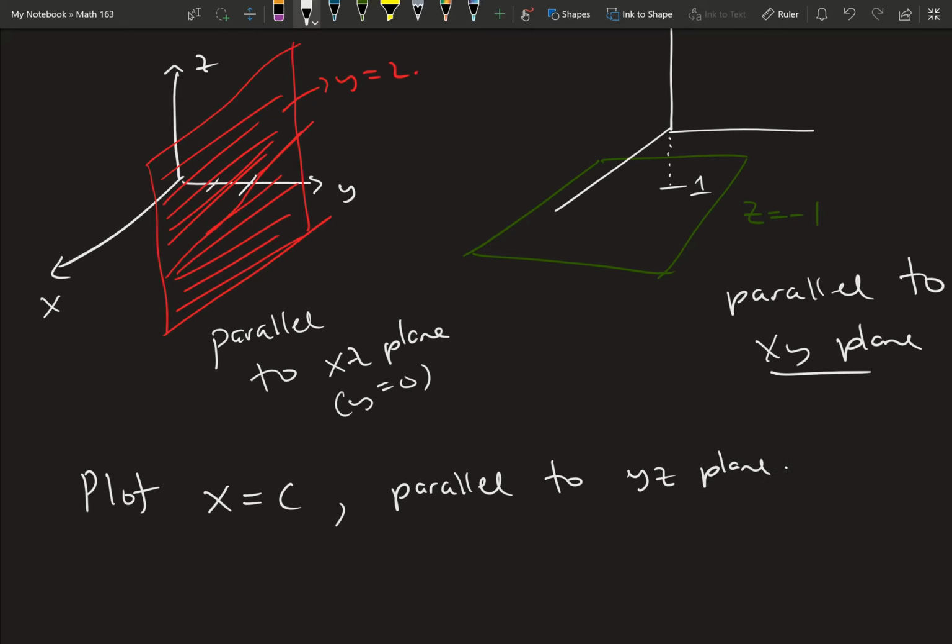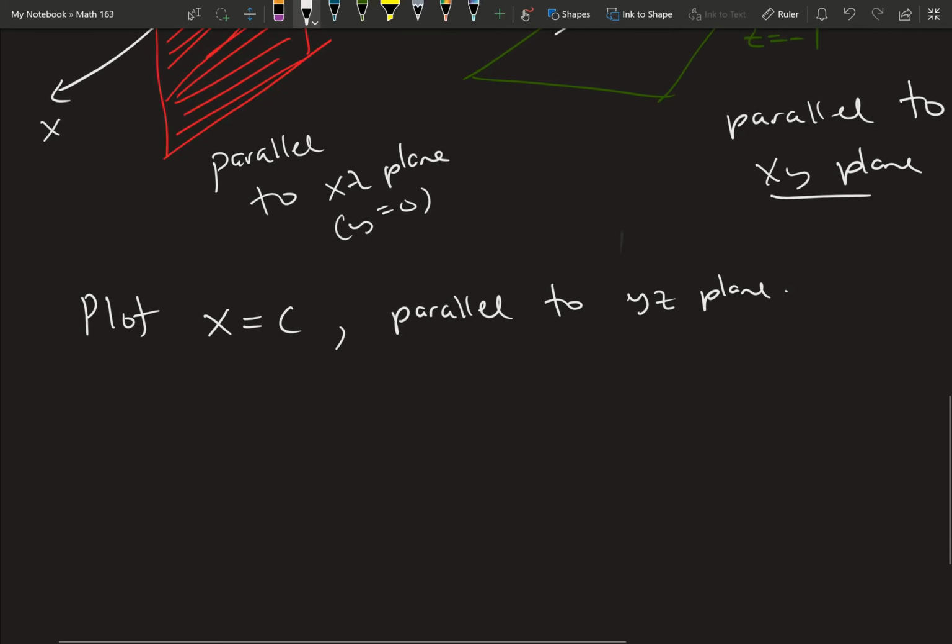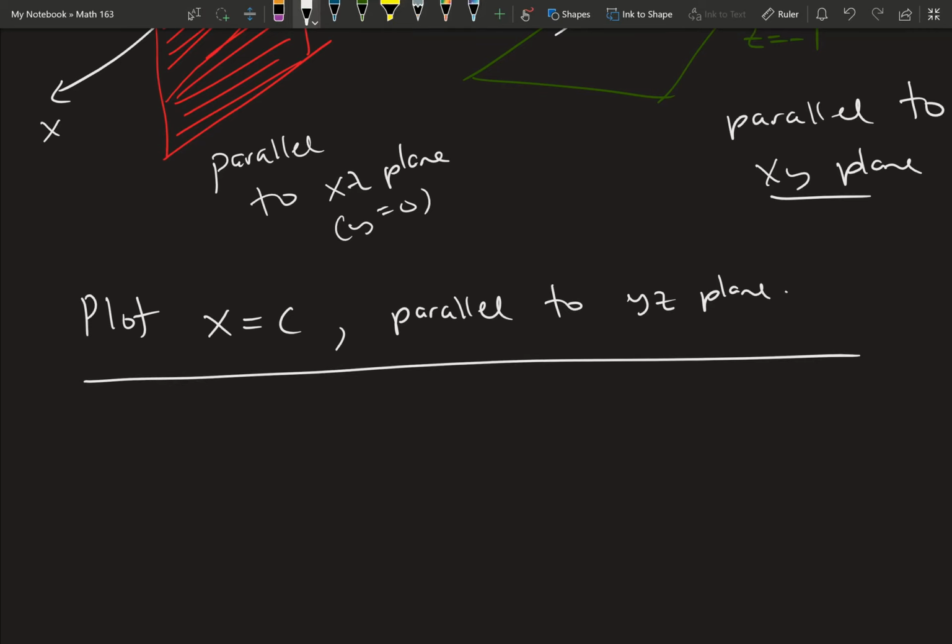Okay, I'll leave you guys to try and graph that. See if you're a better drawer than me. So those are some more elementary graphs. Let's do just one more here, and we'll stop this video here.